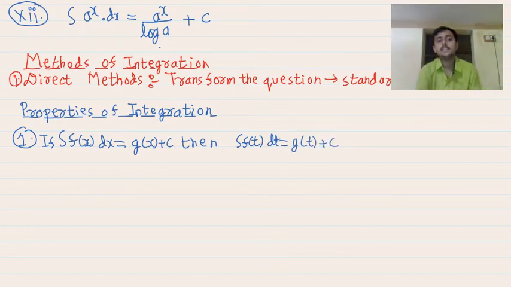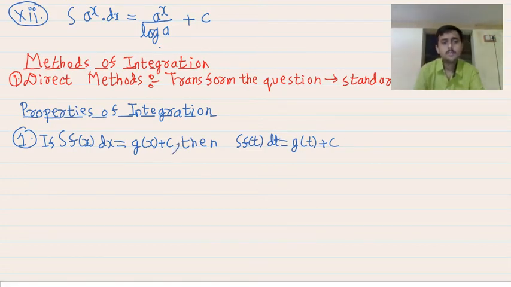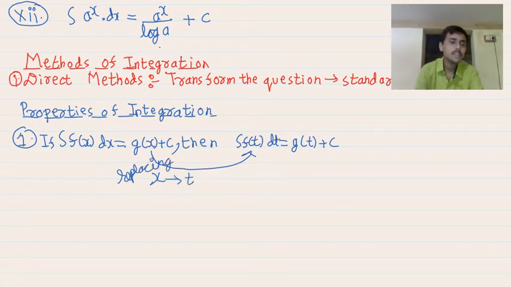Whenever we write integration, we must mention a plus c. Now, why is this so? We are simply replacing a variable with another variable. We are replacing x with t, and there is no effect. This is the basic justification for this particular property.